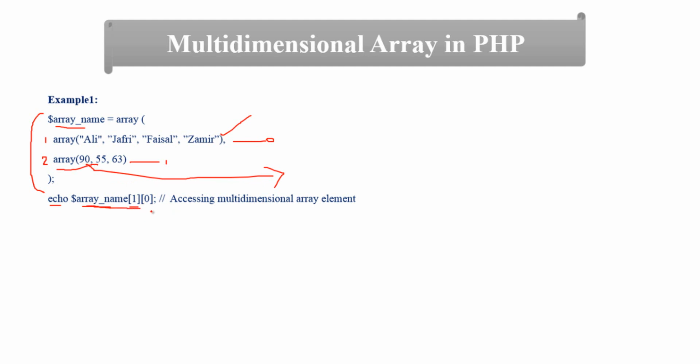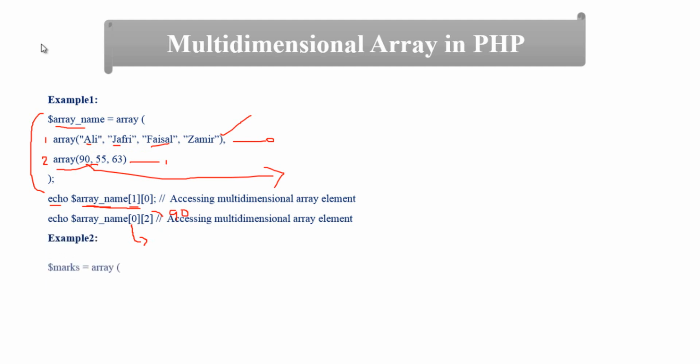When you write this line of code, you will get 90, because 90 is the element of index number 0 of the second array, since index number 1 is the second element. In the next line you can see that 0 2 means 0 is the first element, and inside the first element, 2 means index number 2. Its index numbers are 0, 1 and 2. The pastel value will be displayed.